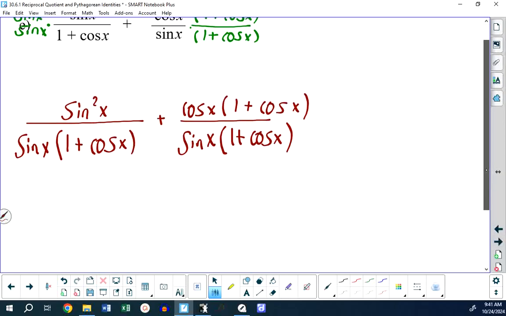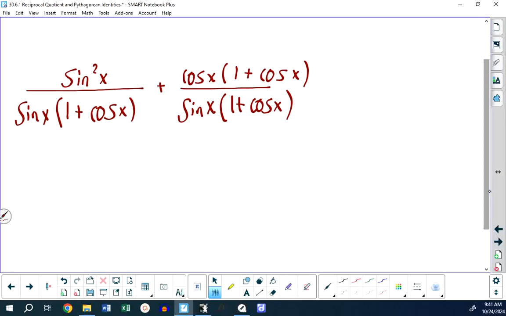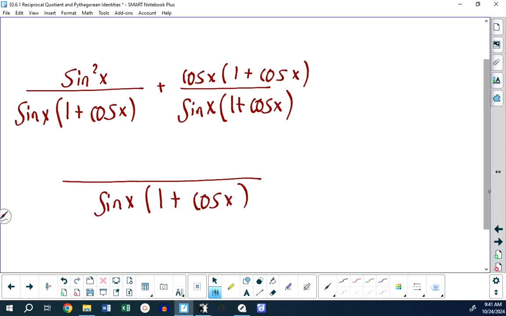Now, when we put these together, it's very important for you not to expand the denominator. Why? Why do we want to leave the denominator in factored form? Does anybody know? Well, let's come back to that.